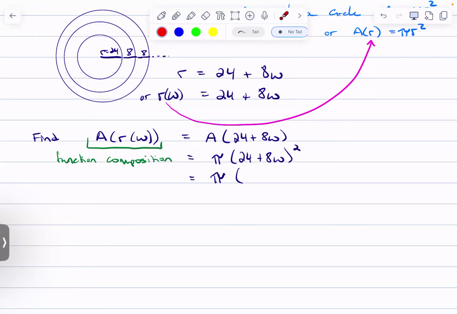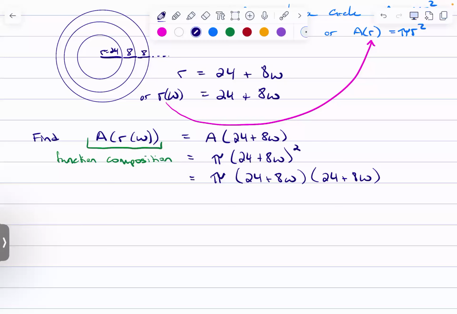You might remember FOIL, first, outside, inside, last, but I don't find that helps me terribly, so I have to just look at it and do it.